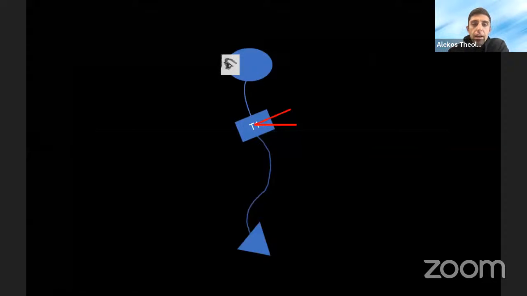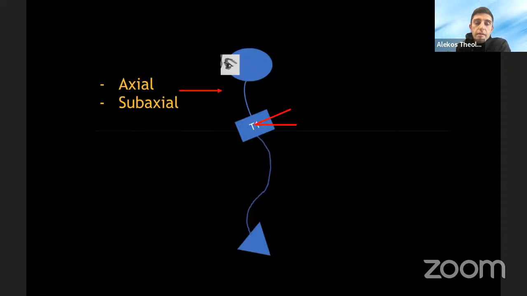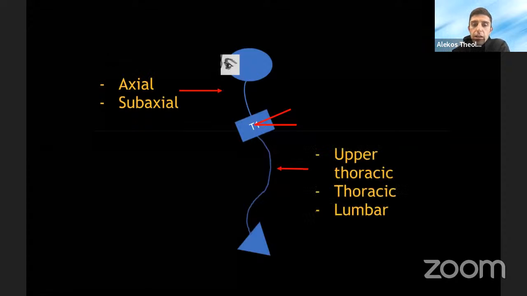So if we look at this little gimmick of the spine with T1 slope as the equator, anything above T1 will be an axial or subaxial deformity. Anything below will be the upper thoracic based deformities, thoracic and lumbar.